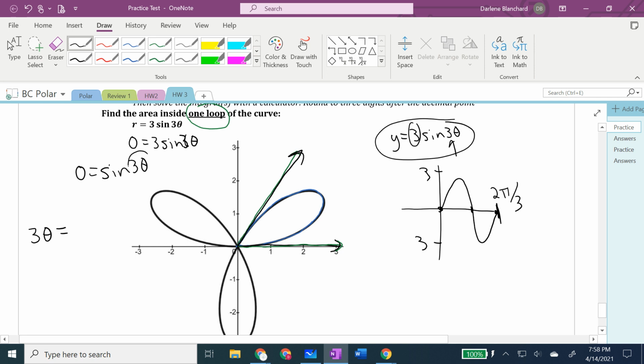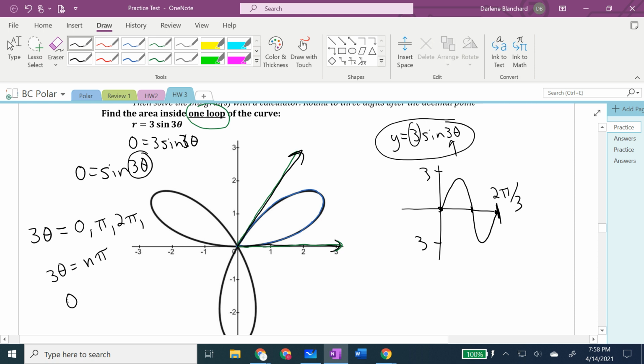when the input angle is 0, pi, 2 pi, and so on. So any n times pi, where n is an integer, is going to be a solution for the angle 3 times theta.